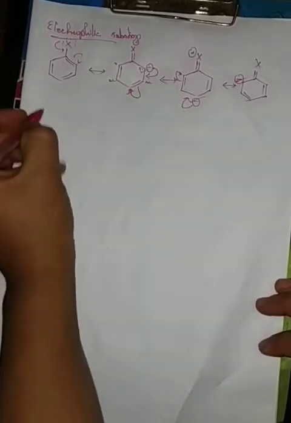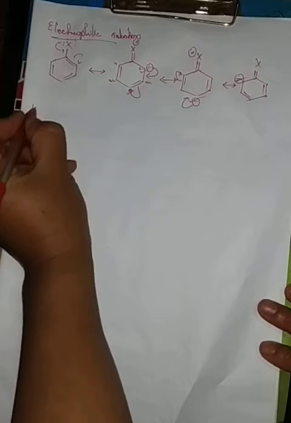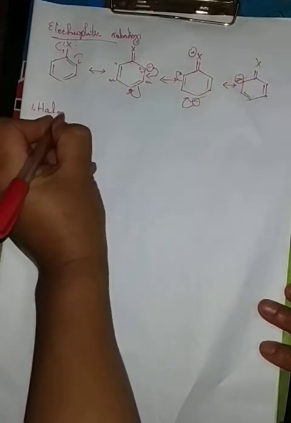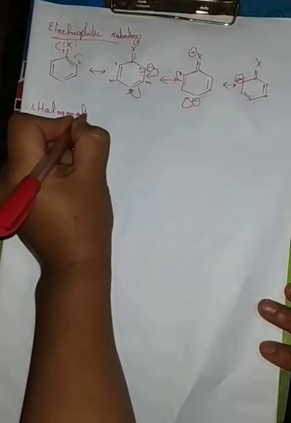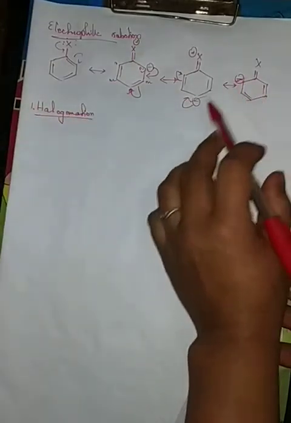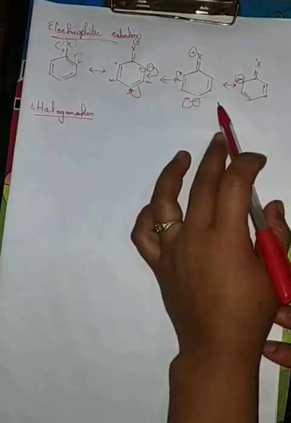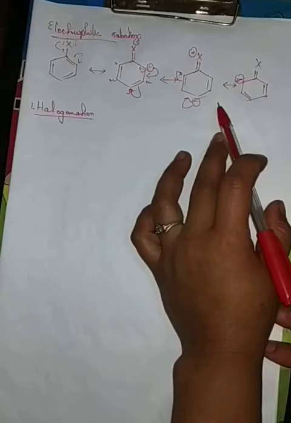Now, let's check the first electrophilic substitution reaction of haloarenes, that is halogenation. We will get our products at the ortho and para positions, because from the resonating structures we have noticed that the electron density is more at the ortho and para positions.